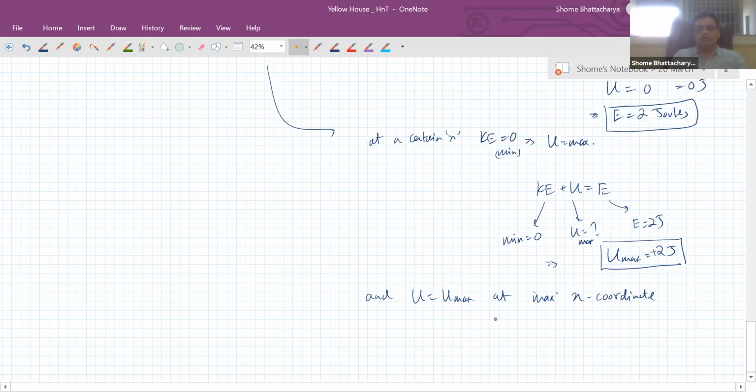So we'll put the potential energy function, x cube minus 18x, equal to 2. Whatever value of x we get corresponds to the maximum value of x.